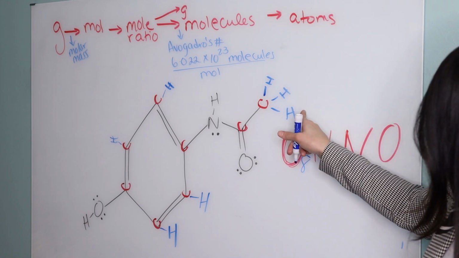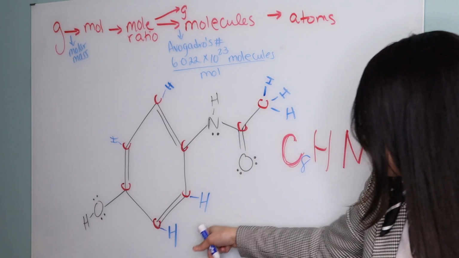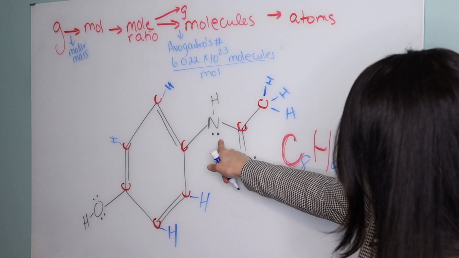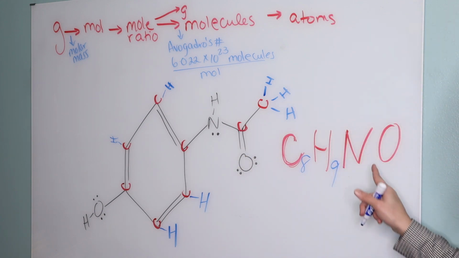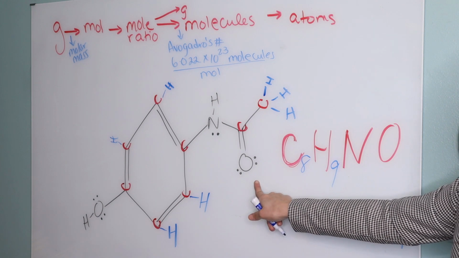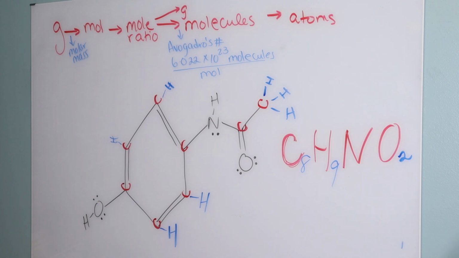For hydrogen, 1, 2, 3, 4, 5, 6, 7, 8, 9. For nitrogen, just 1. So we don't have to write a 1 if it's just 1. For oxygen, we have 1 and 2. So we write that down.